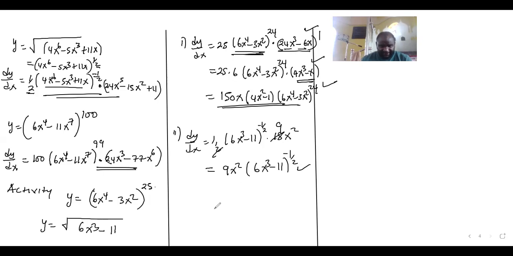Correct answer. Also, one can say this is 9x^2 over the square root of 6x^3 minus 11. Correct answer. Who got the second one? None. But you can simplify as far as possible. So 9x from where? The half has divided 18.